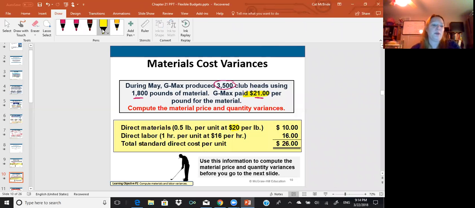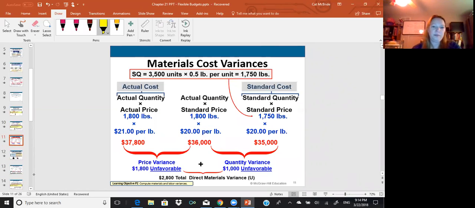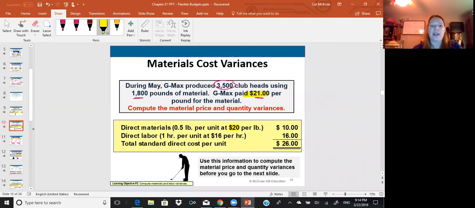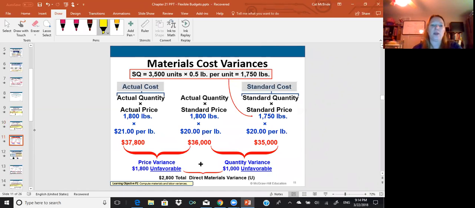All right, so now we're going to put this in this format. So we used 1,800 pounds. So this is what we actually used, right? So we're going to go over here and we're going to fill in actual quantity, 1,800 pounds.